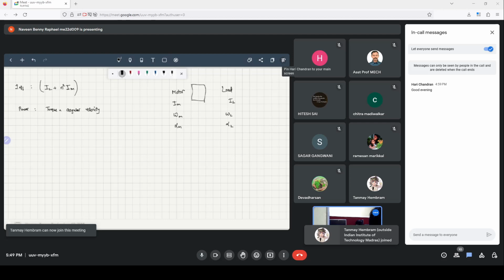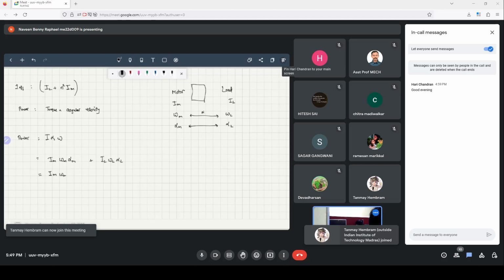We know that torque is I multiplied by alpha, so power is essentially I into alpha into omega. Since we have to add the contributions from both, we'll get Im omega m alpha m plus IL omega L alpha L. But we know that these are related by a factor of n.